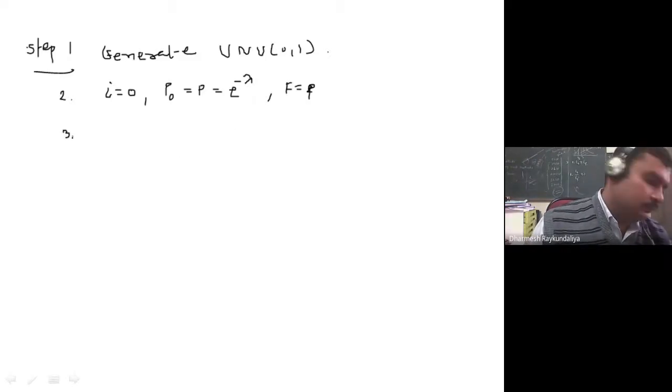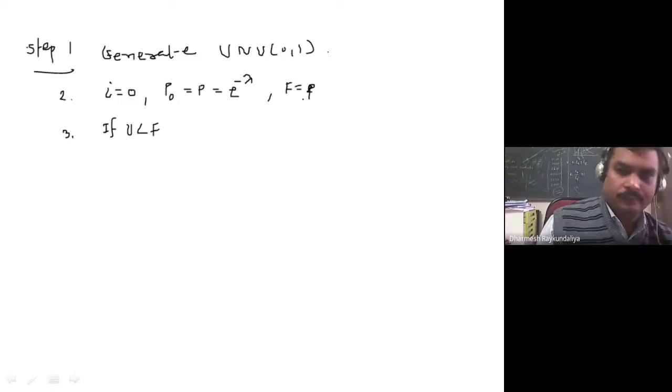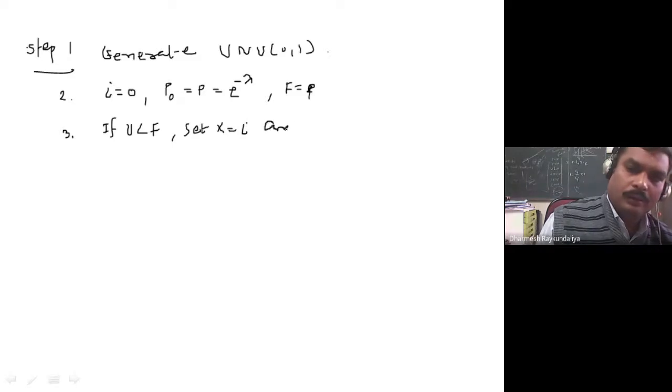Step 3. If u, whatever random number you have generated, is less than f, the cumulative probability, then set x equal to I. Now what is I? 0. If this is the case, if u is less than f, then x equal to I and stop.